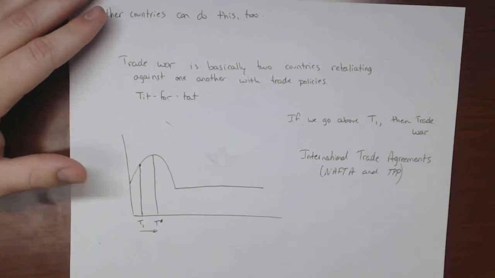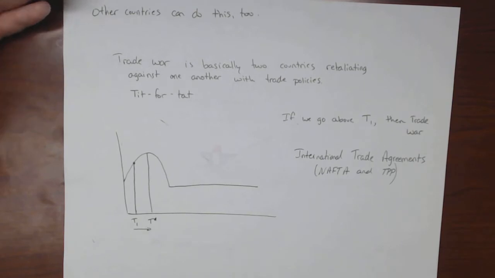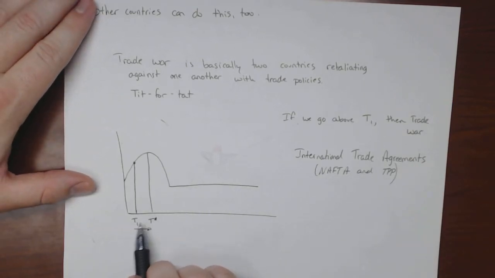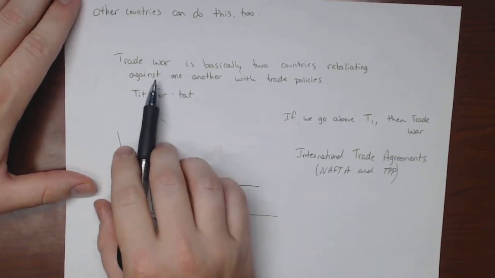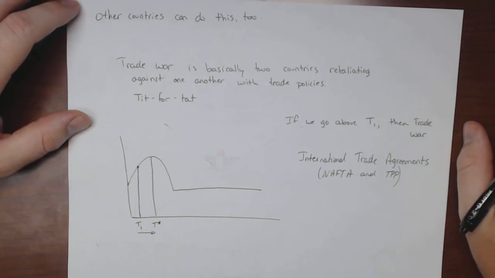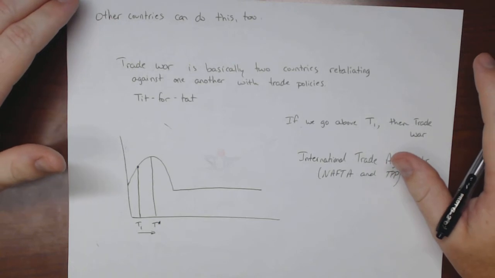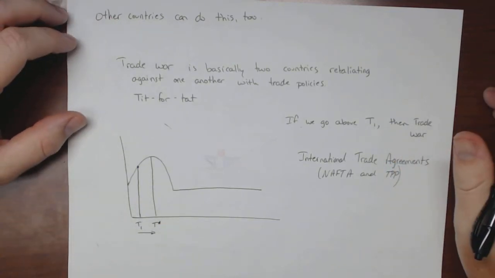And I haven't read either of these to comment on whether or not they're successful or good ideas or anything. But in principle, the idea behind them is to basically say, okay, look, we all recognize that if we set our tariffs too high, then that'll start a trade war. So how about we set our tariff rates together, we work together, and we agree on them so that we don't start going back and forth with the trade war.